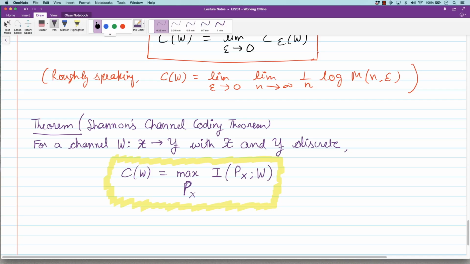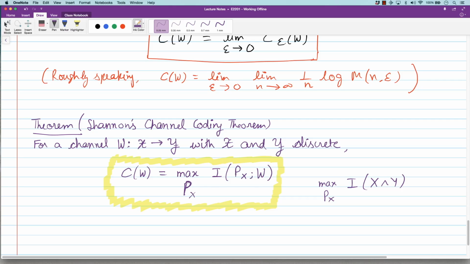So in simple words, this is max over all input distributions of the mutual information between the input X and the output Y, where X and Y are passed through the same channel W. But this notation is more convenient. So why can we take this max? Well, firstly, this would have been a sup, except that we are taking sup over these distributions, and this is a nice continuous function for the discrete case, and therefore it becomes max.